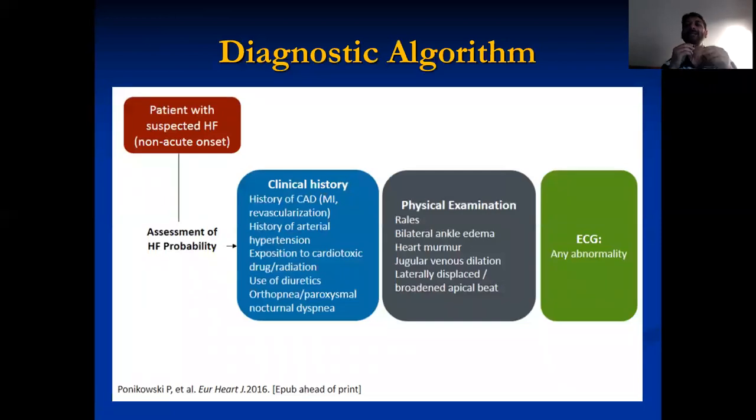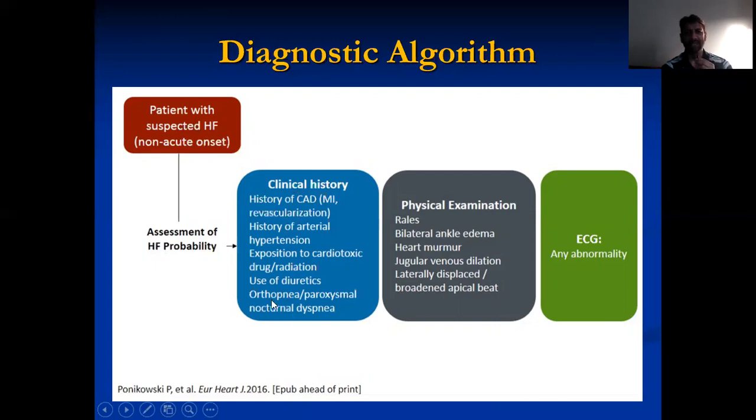Now, after discussing all the definitions, pathophysiology, and other strategies, let's come to a diagnostic algorithm. How to approach a heart failure patient. A patient with suspected heart failure and non-acute onset: assess heart failure probability. And in clinical history, you need to go through all these: history of CAD, MI, history of arterial hypertension, exposure to cardiotoxins, use of diuretics, orthopnea, PND.